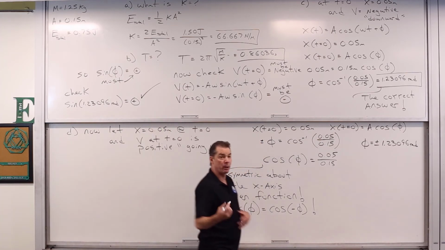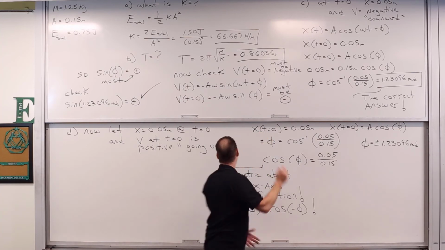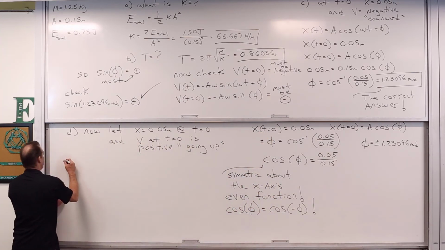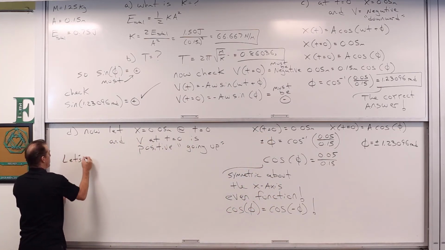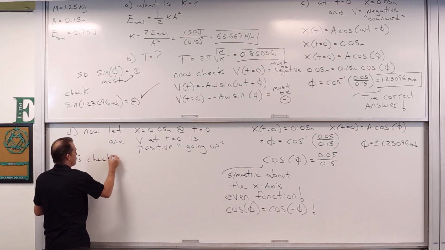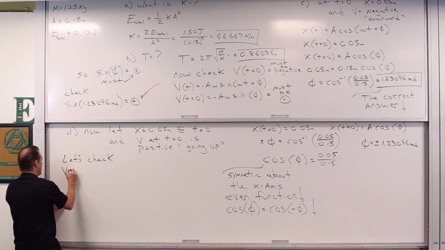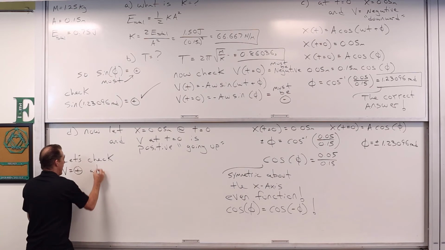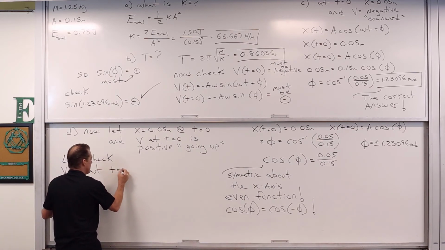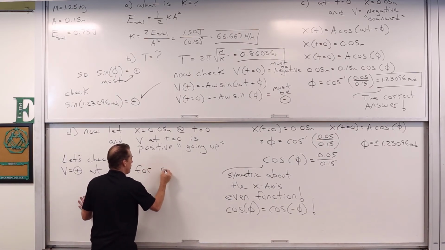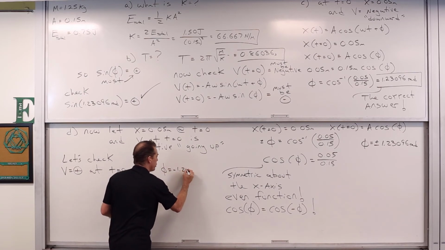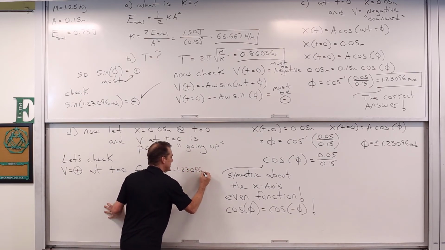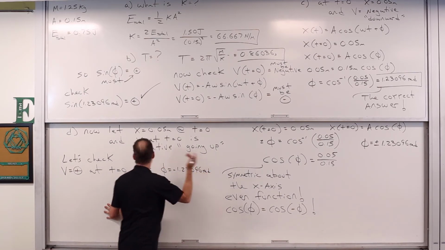Hopefully negative puts us with the velocity going upward. Let's check. V is positive at t equals 0 for phi equal to negative 1.23096 radians. Let's check this out.